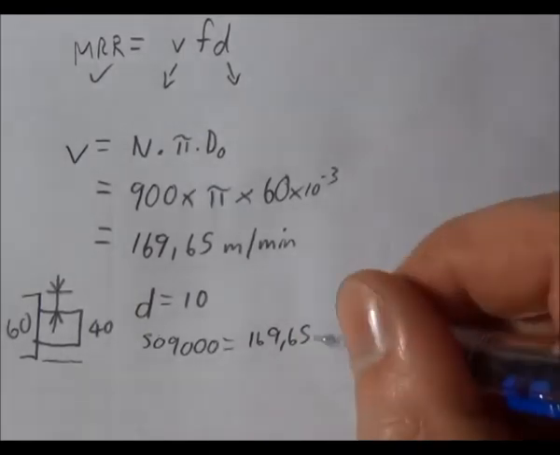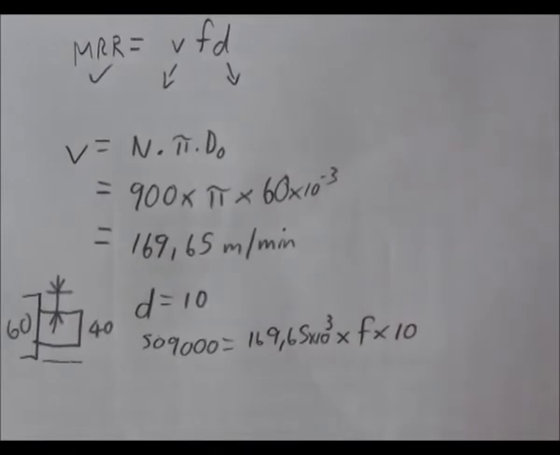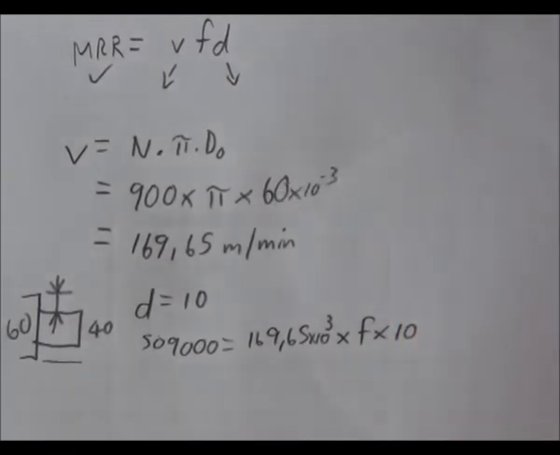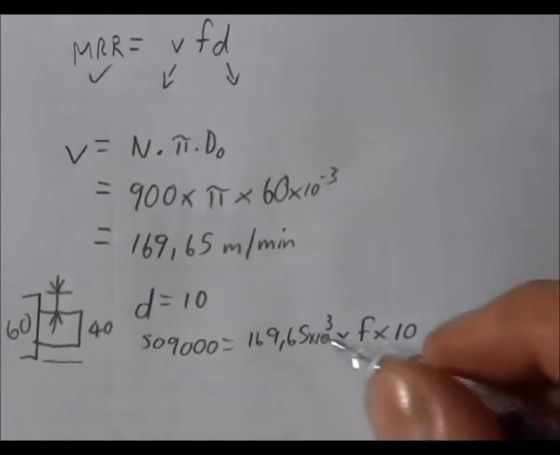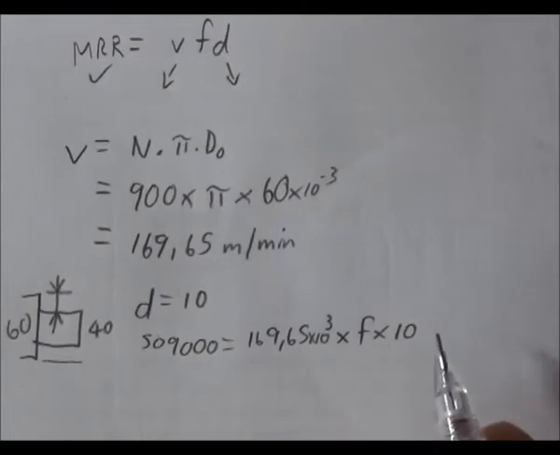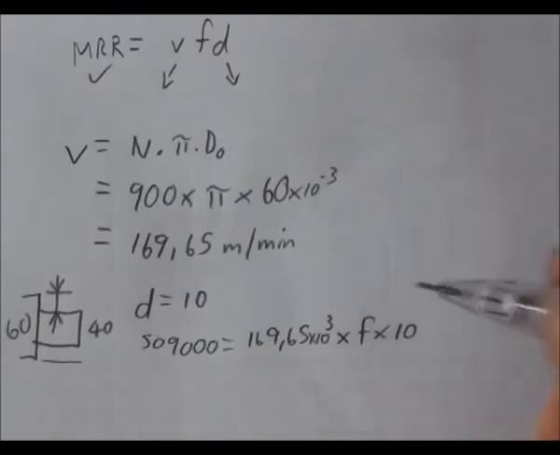I must convert it to millimeters. I could have just used the millimeters in the top equation there. It doesn't really matter. Good, so cubic millimeters, millimeters, millimeters, and this one is millimeters per revolution.